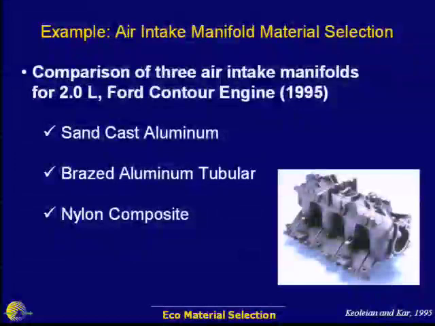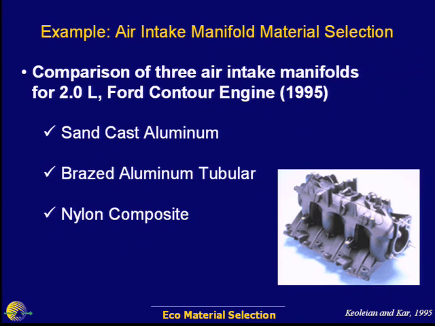So we can move a little bit closer to design now, at least the types of decisions we might make in design and manufacturing. And this is a case study actually done here at the University of Michigan, led by Professor Keeley and Down School of Natural Resources and the Environment. A Ford Contour engine, 1995 model, investigating 3 different types of air intake manifolds, basically distributing the air to a 4-cylinder, 2-liter engine.